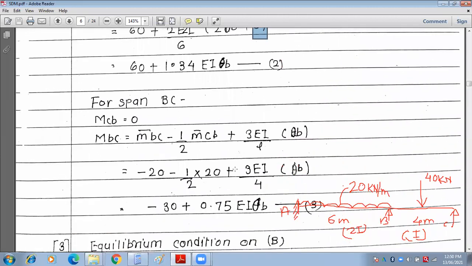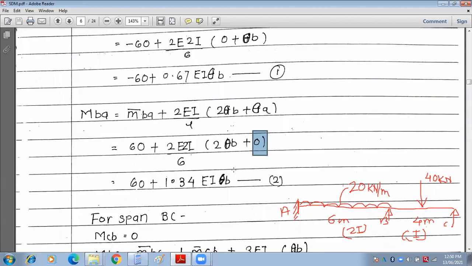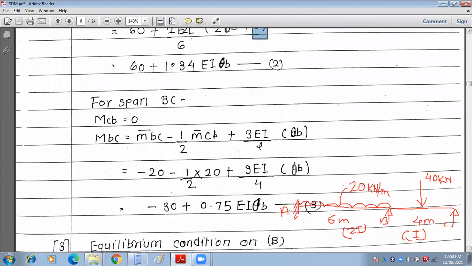Now similarly for the span BC, as we see in this figure, the C end is simply supported, therefore moment CB is 0. We only have to work out the moment BC. The moment BC is equal to what? Fixed moment BC minus 1/2.